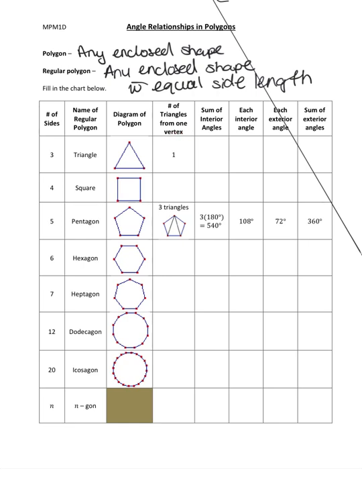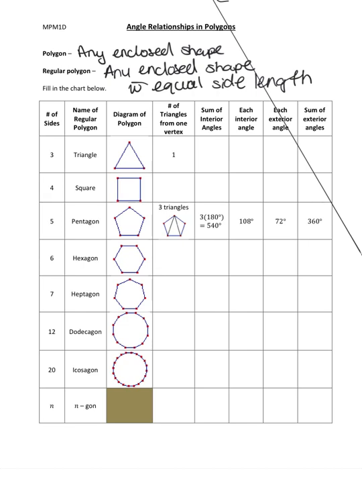Vertex means where any of the sides meet. So what I want to do with these vertices is see how many triangles I can draw. If I look at the triangle, I can only draw one.